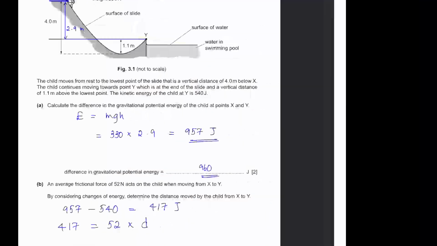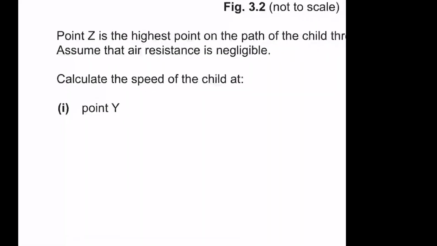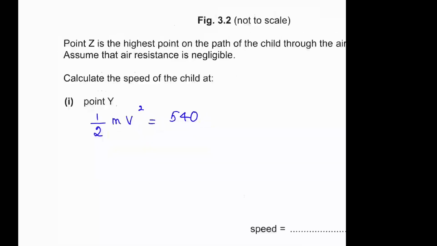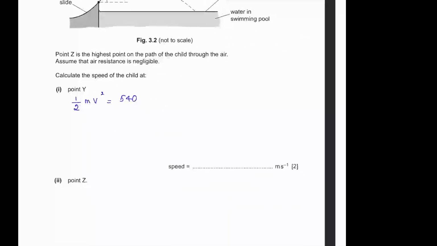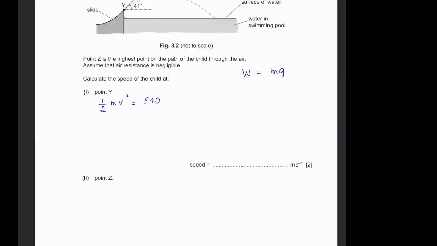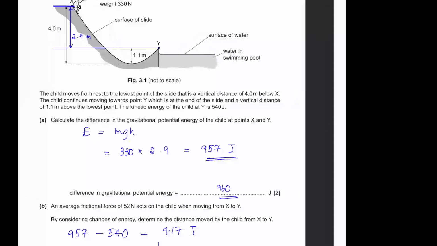Guys, at point Y, we know the kinetic energy is 540 joules. So half mv square is 540 joules. To find what is m, I will use W equals mg. W is 330 newtons.